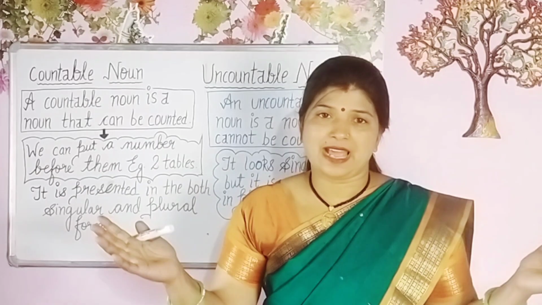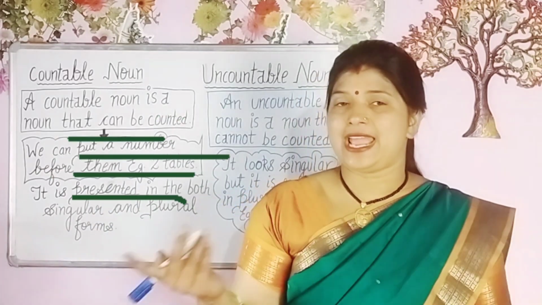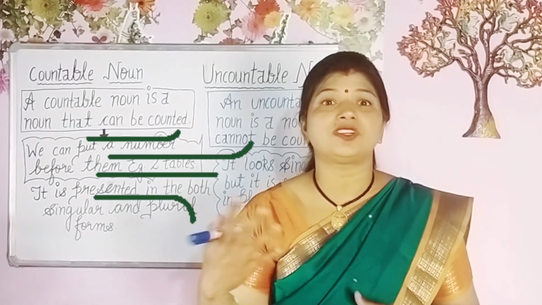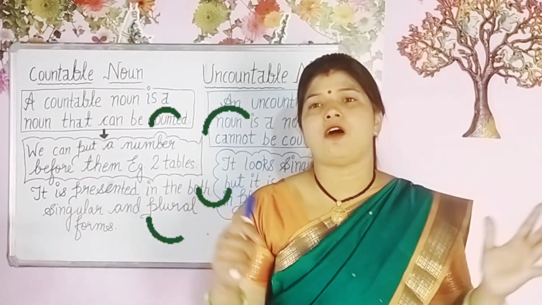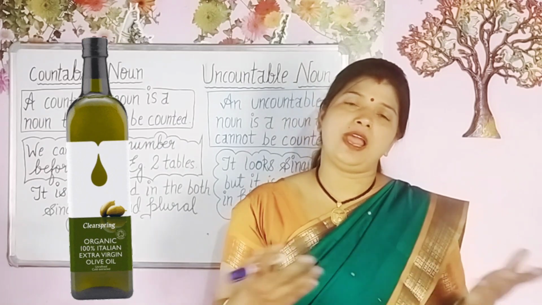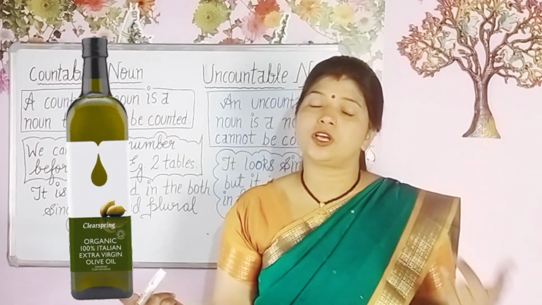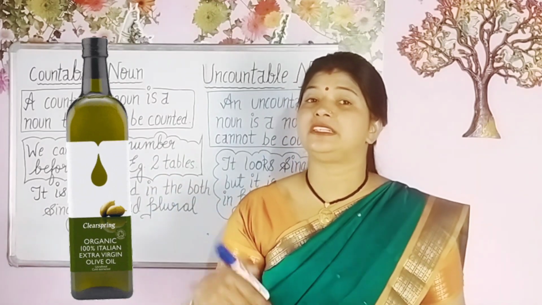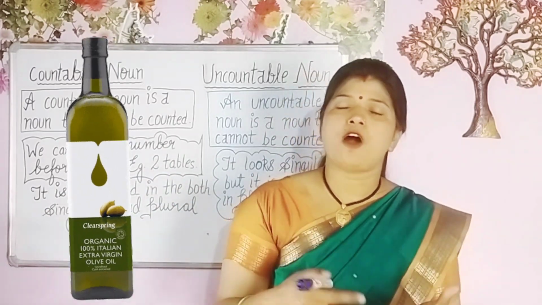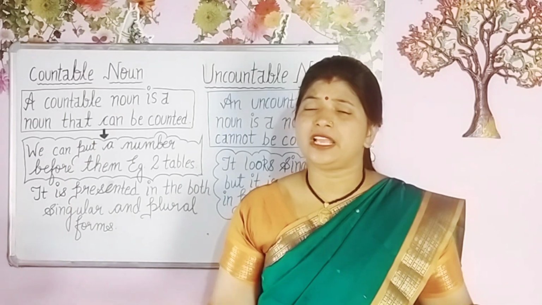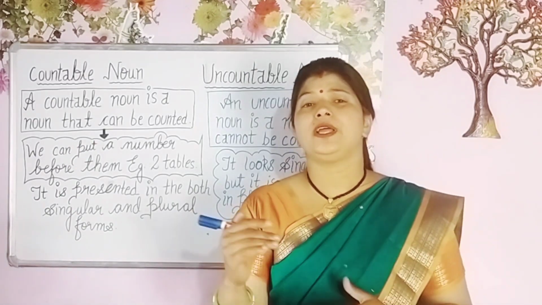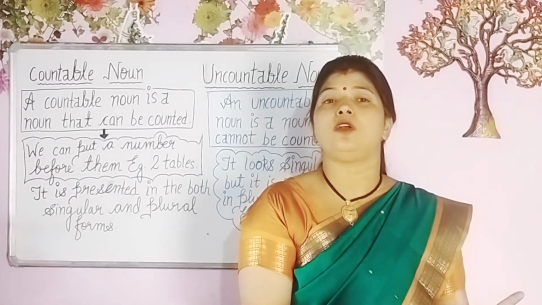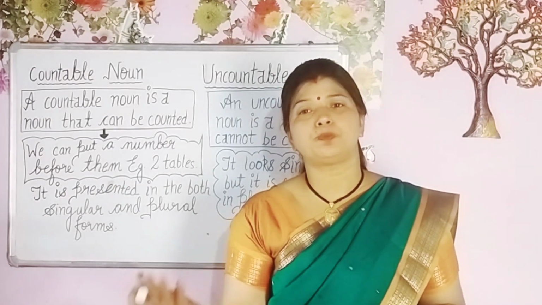For example, air. If I am talking about air, you can think that air is a singular form, but it is representing the plural form. Oil, you can say oil is also a singular form, but it is representing the plural form. Coffee, tea, milk, etc. These are all words which appear as singular nouns, but in reality they are plural form.